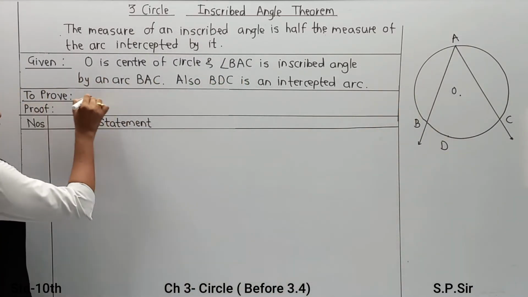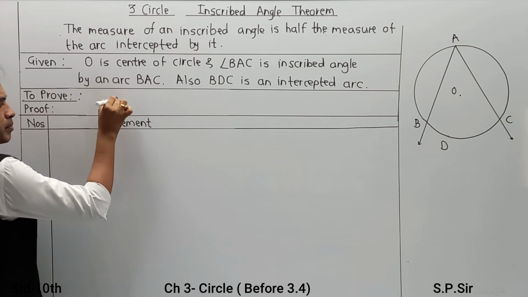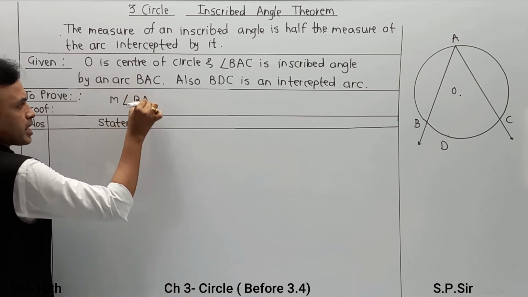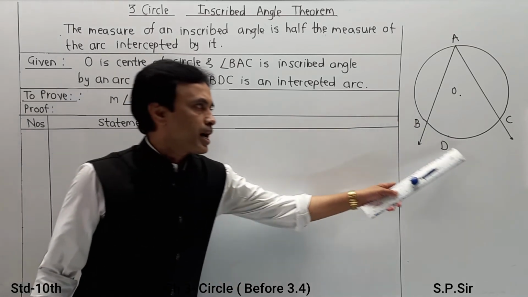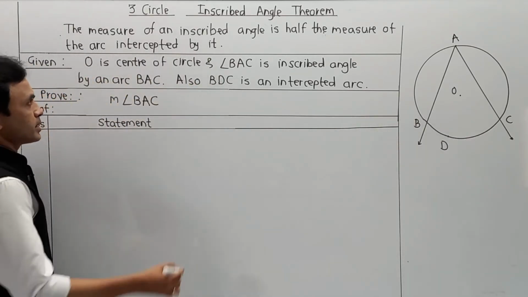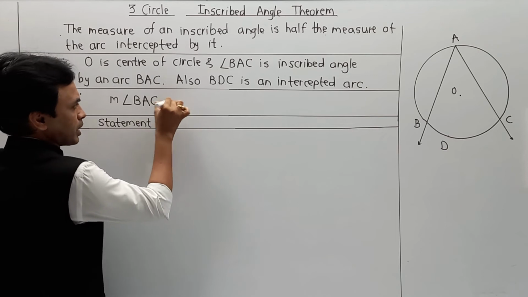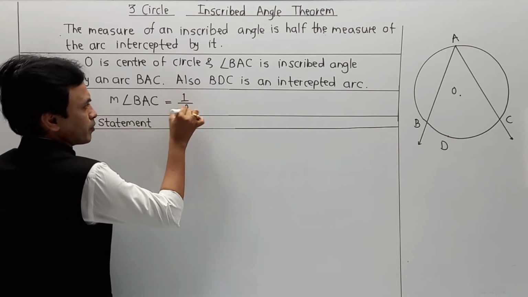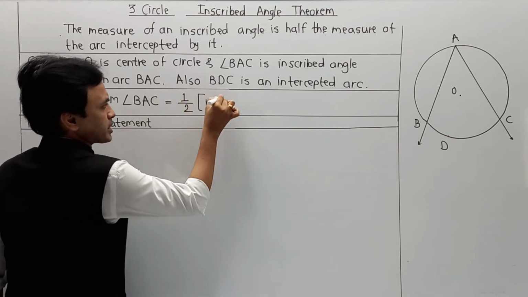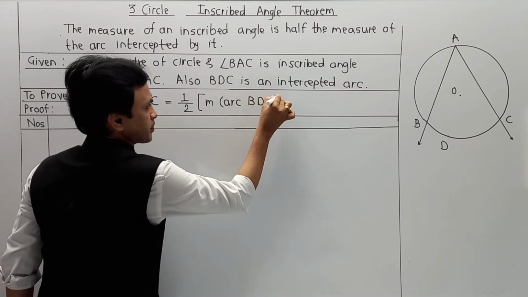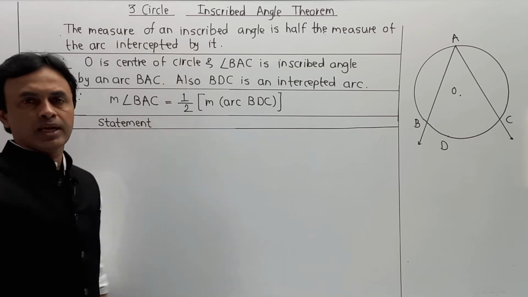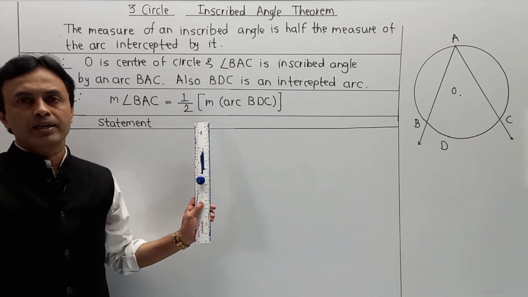So to prove, our proof becomes: measure of angle BAC, this angle formed on the circumference of the circle, is half of the major arc BDC that is intercepted over here. That we have to prove over here. And in this way, the given and the prove part is over.